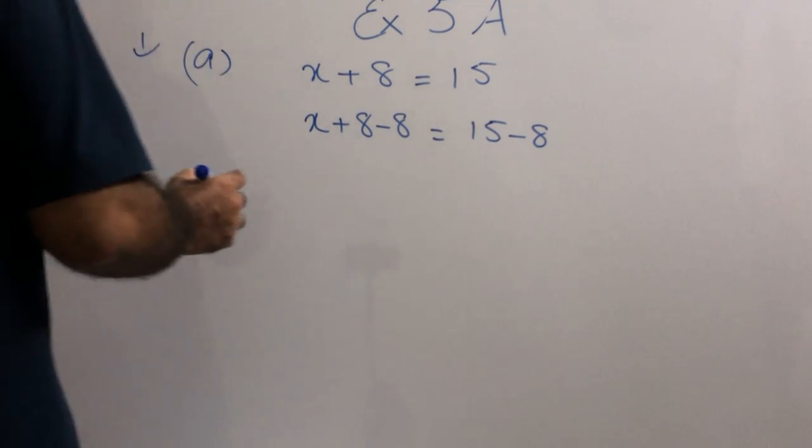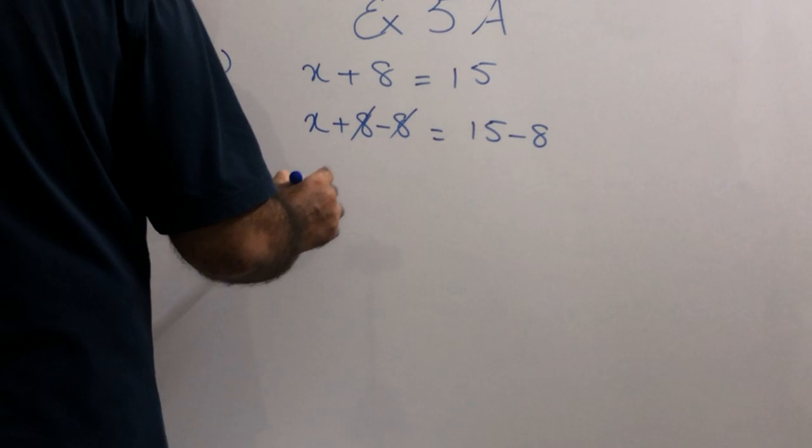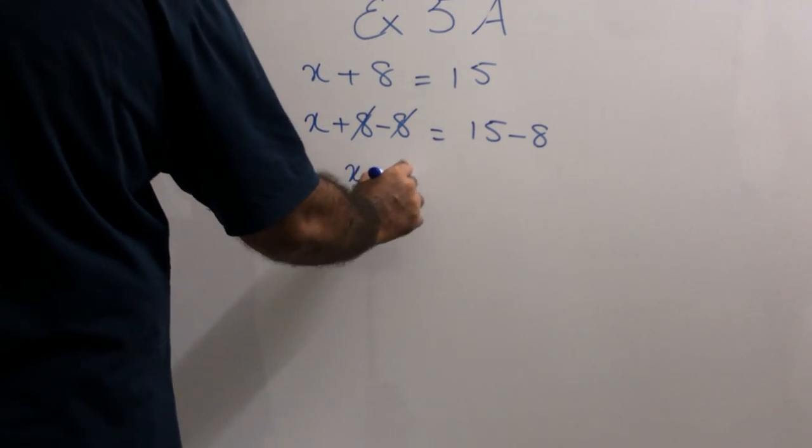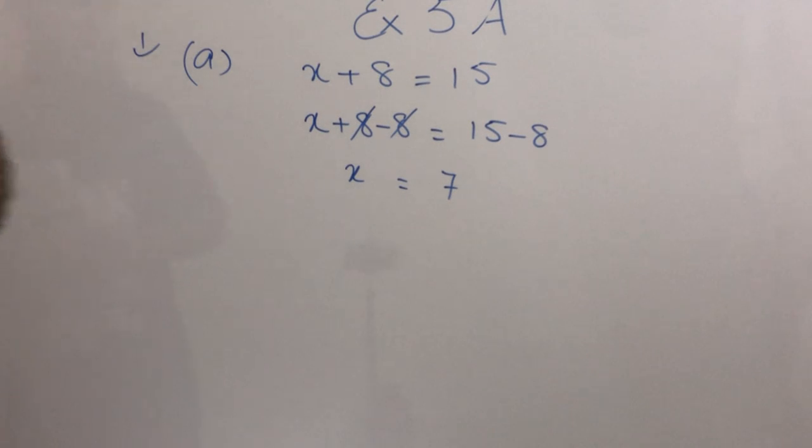Then in the next step, this plus 8 will be cancelled with minus 8. X will remain alone on this side. 15 minus 8 is 7. So 7 is the answer. We have solved this equation. We have found the value of x, which is 7.